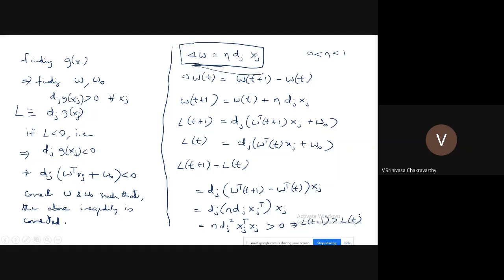Okay, so because of this update rule, what we have done is when L is less than 0, and we use delta w equal to eta times dj times xj, then the update that you get, L at t plus 1, is greater than L at t.